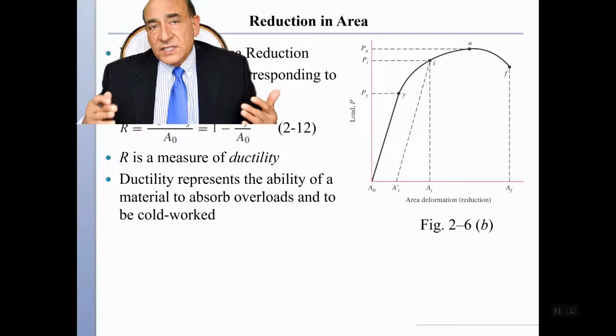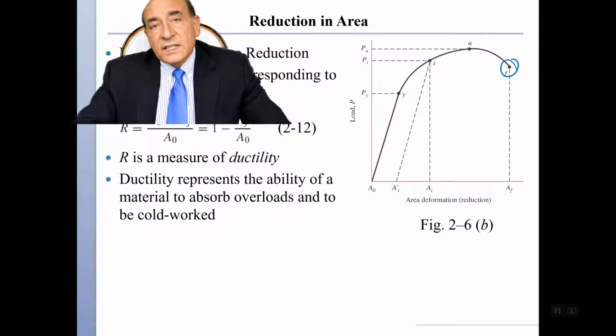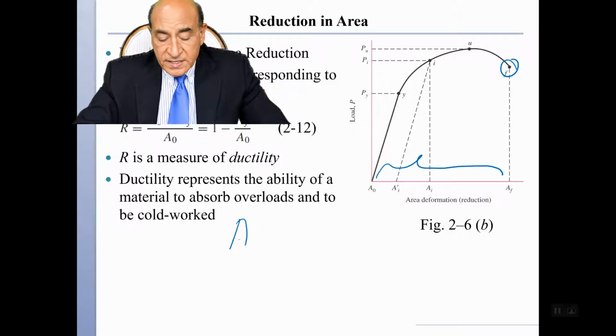So suppose that I just continue cold working the material until it fails. So the material failed at this point, and I have a strain that is described by the final cross-sectional area A sub F. So the initial area is A0, and then the final area is AF. This is initial, and this is final.